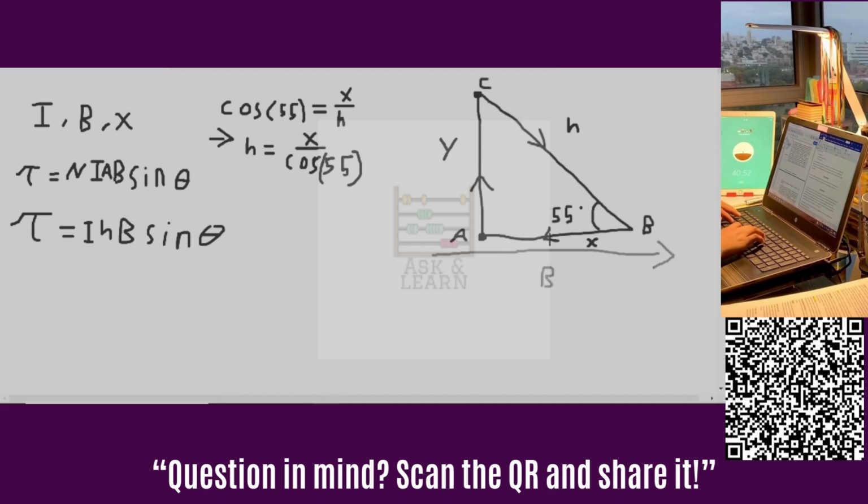So we want the projection basically onto this y-axis, because that's where the force is going to be applied to rotate around this axis from A to C. So this will be sine of 55, and that will give you the perpendicular portion of this wire here in part h. And you can just plug in everything here, and that will give you your torque, tau. And there you have it.